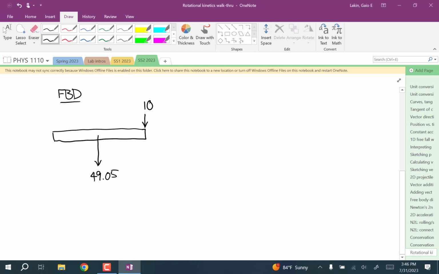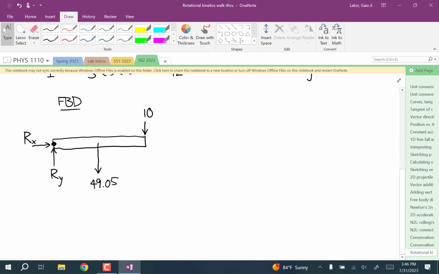We don't know what's causing that force, we just know that it's applied. And then the last thing is, at the hinge, there's an unknown force. You should put this in your free body diagram, but if you don't, it doesn't affect the moment calculations. But I'm going to write that as there's some x component and some y component, but we don't know what those are.